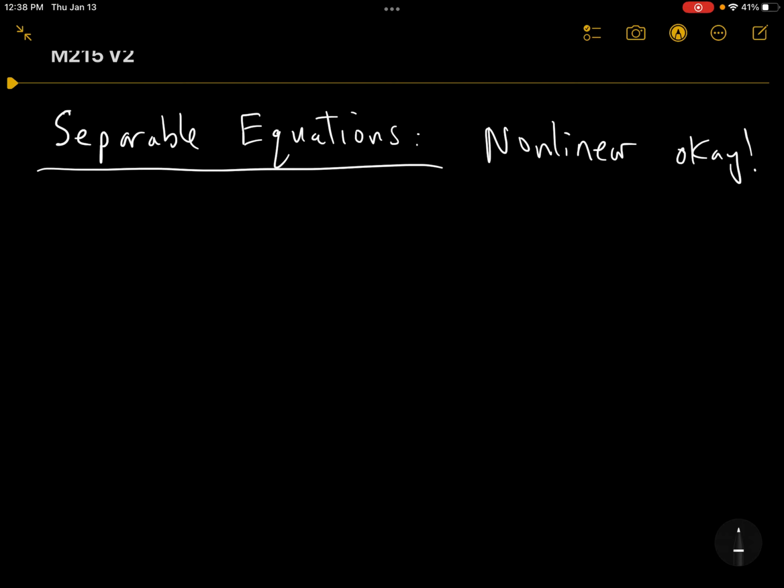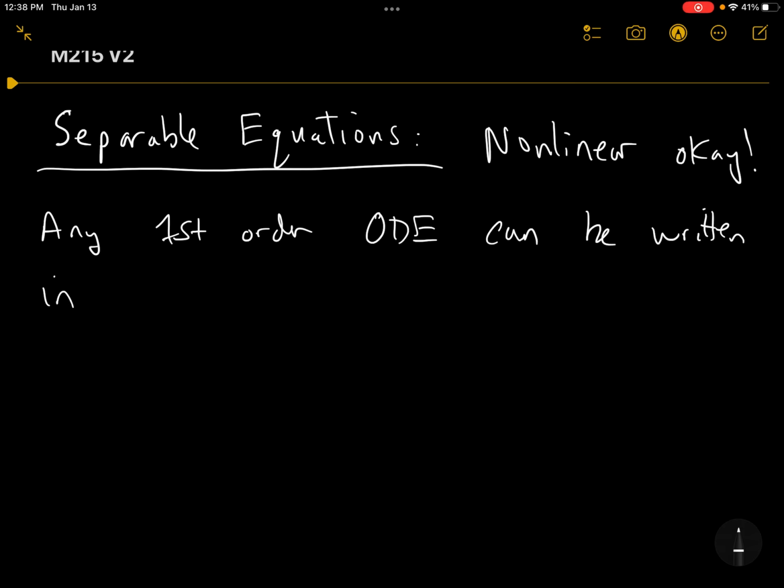So here's how we're going to start this. Any first order ODE can be written in the form dy/dx equals some function of x and y on the right. I'm using x now instead of t, just so we don't get too comfortable with our independent variables.